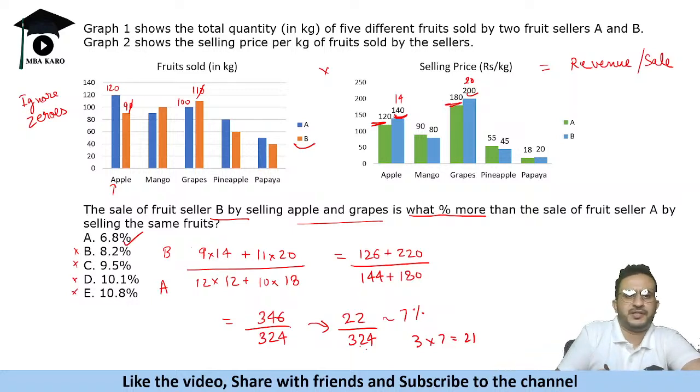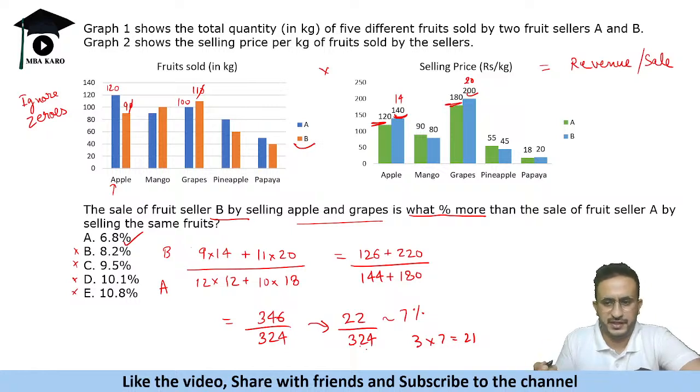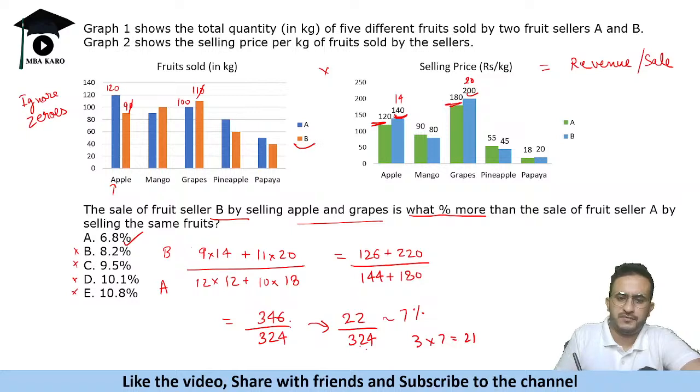Okay, so what we did, we ignored the zeros. Ignoring zeros helped us. I mean, you could have written zeros, तो हर में दो दो जीरो और एक्स्ट्रा होते हैं. ठीक है, फिर आप ये 346 बाय 324 कर रहे होते. So you would have taken time to write zeros. So we just skipped the zeros. We got this. So 22 by 324 more.